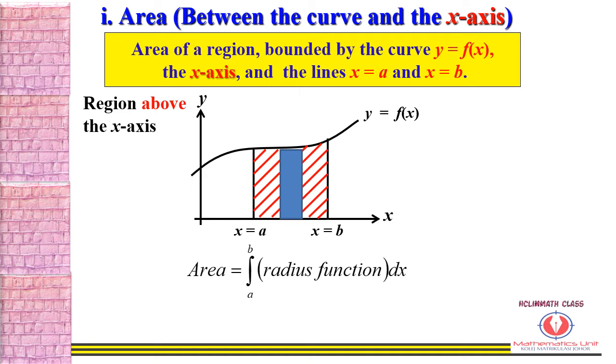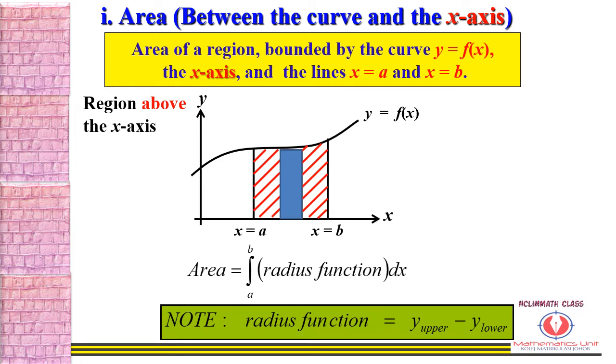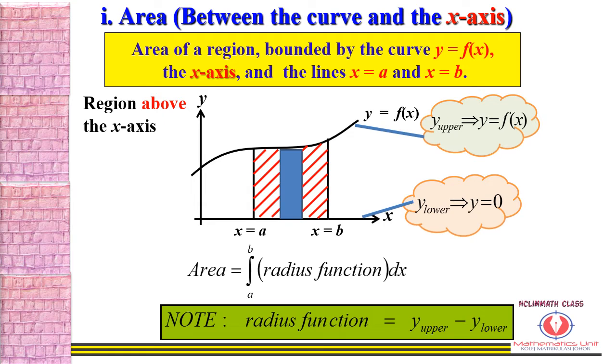How to find the radius function? We may use the formula y upper minus y lower. For these cases, the y upper is the function y equal to f(x) and y lower is y equal to 0, or the x-axis.